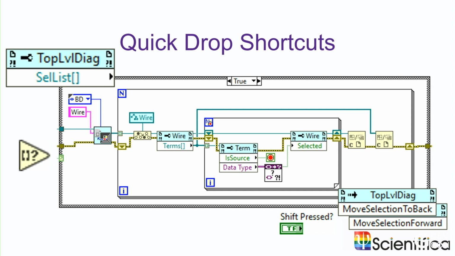Where do they start? Is it a source? And is that source an error cluster? If the source is an error cluster, we select it. If it isn't, we don't. So now we've built up this selection list. And then at the very end, we move selection to back or move selection to front, depending on whether Shift was enabled or disabled.